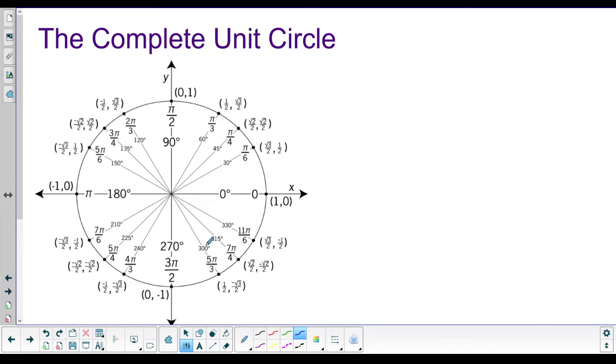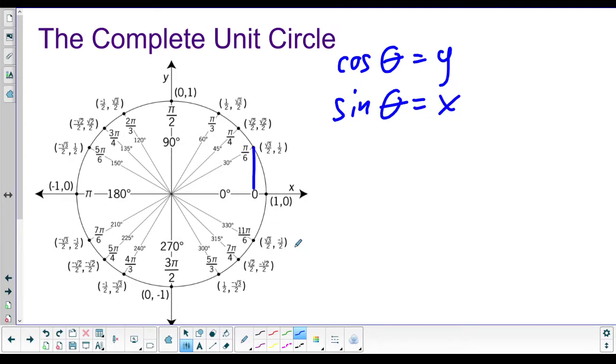Okay. So we know that cosine of theta equals the x, or it tells us how far in the x direction you have to go to get to this ordered pair. And sine of theta tells us the y, or how high this is.